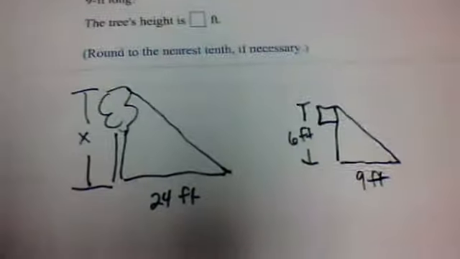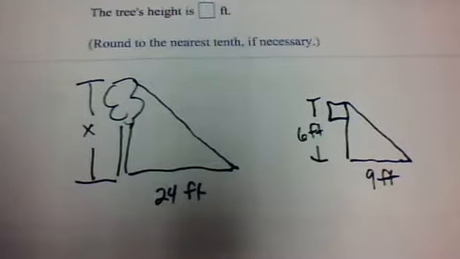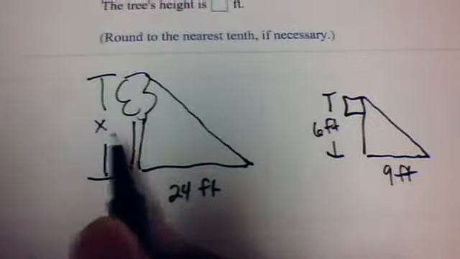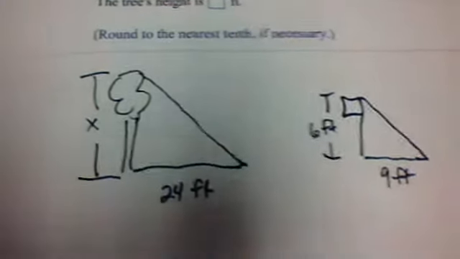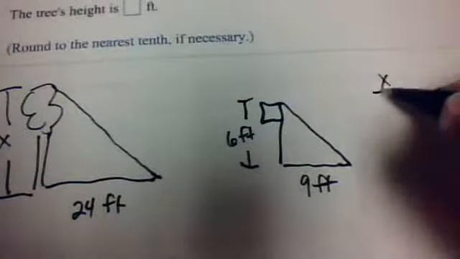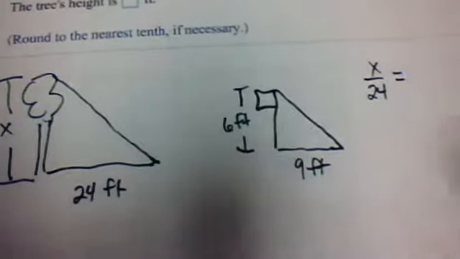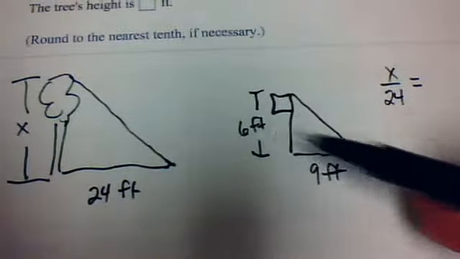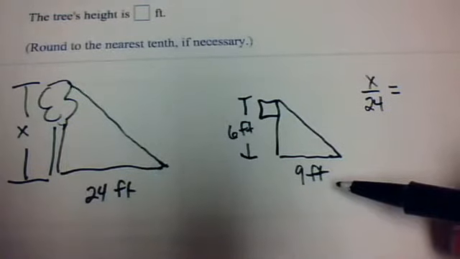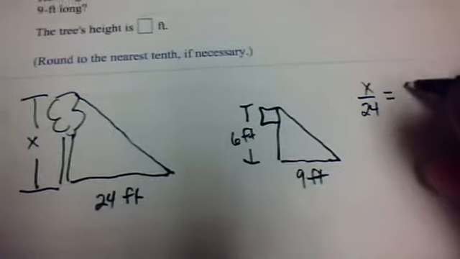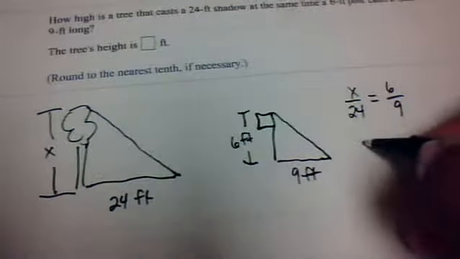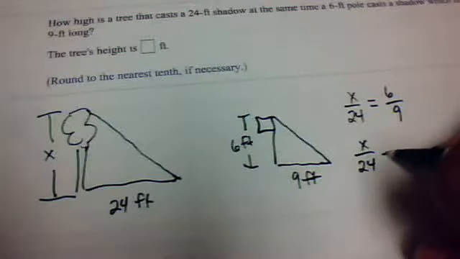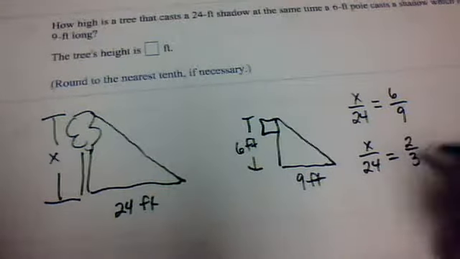Okay, now the way that we can set up that proportion is this. The height of the tree to the length of that shadow, that will be x over 24. That's going to be the same as the height of the flagpole to the shadow, 6 over 9. Okay, I'm going to reduce 6 over 9 to 2/3, so I'm going to have x over 24, that's equal to 2/3.